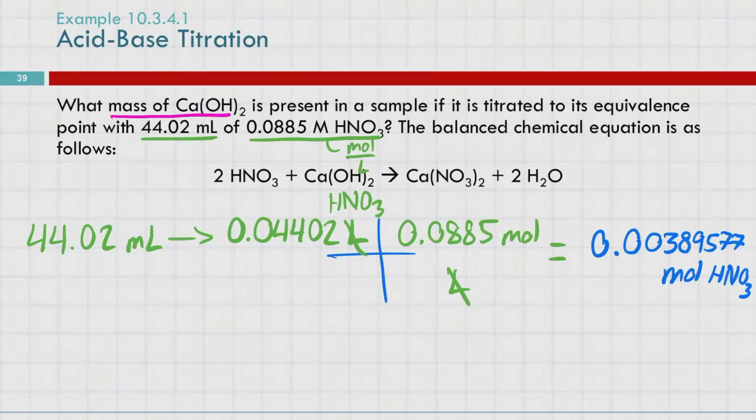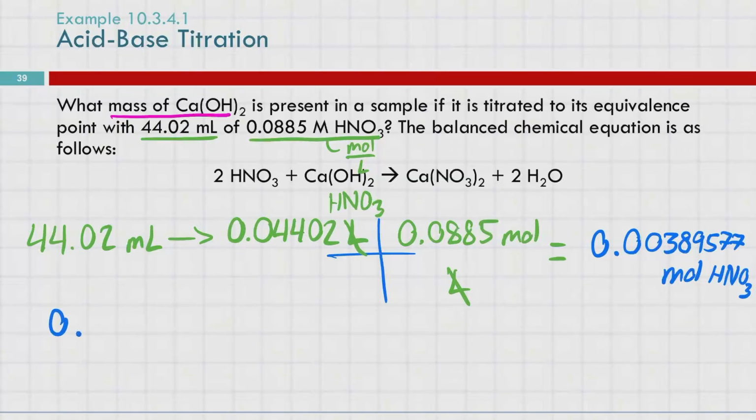We've kind of exhausted what we can do with nitric acid. What's the thing that we care about? What's the chemical we care about here? Ca(OH)2, which is called what? Calcium hydroxide. Yeah.